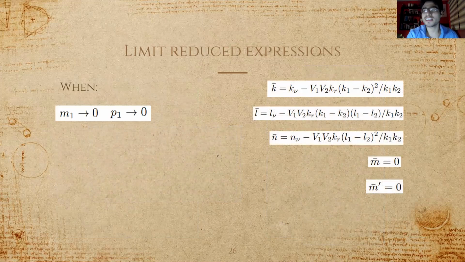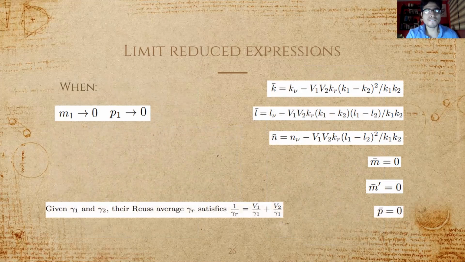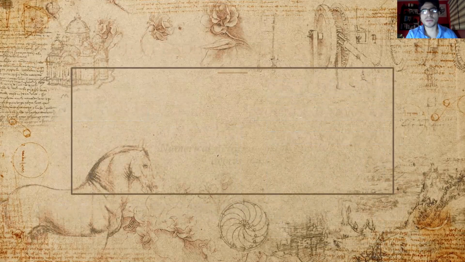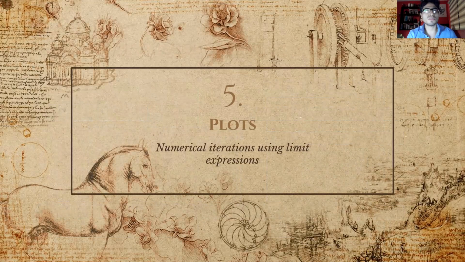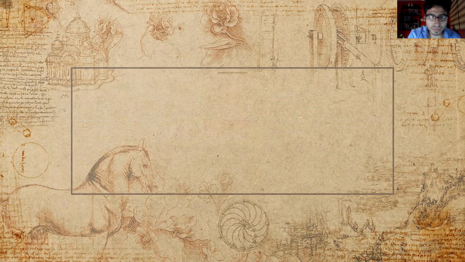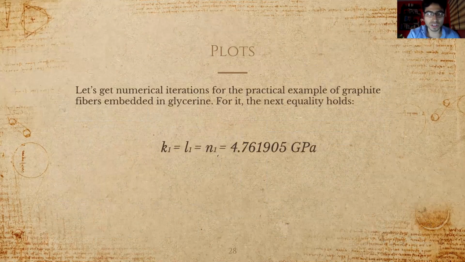Here they are. Finally, we have some numerical iterations for the specific case when the fluid is glycerin, and when the fibers are made of graphite. Here are the corresponding effective coefficients.